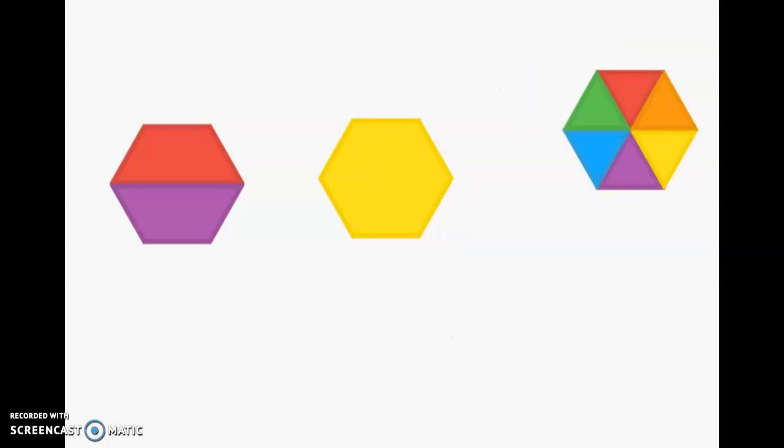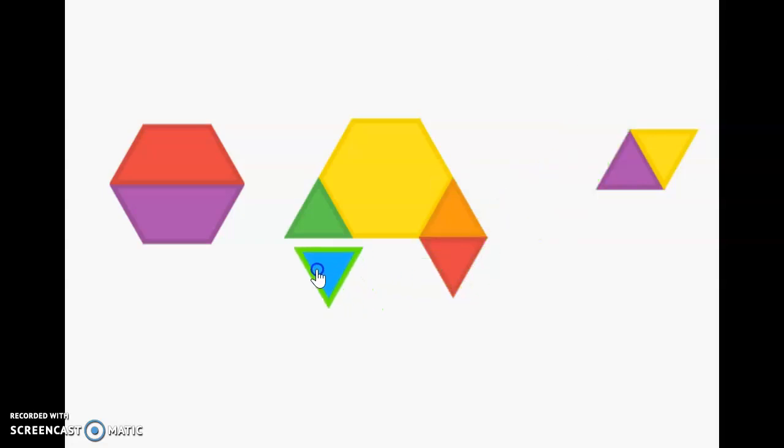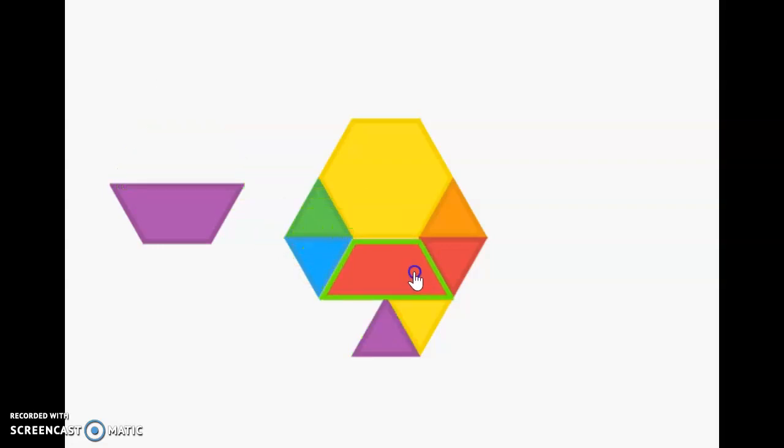Another fun thing that you can do is you can start with the shape that you want to create, like my hexagon, and you can build up around it to make an even larger hexagon. So I'm going to move my triangles over here. Got room here for a trapezoid.